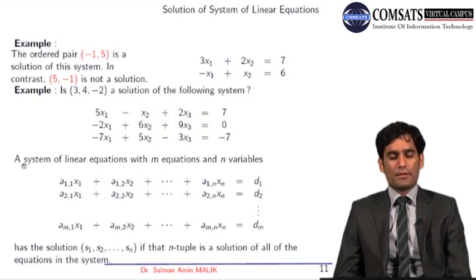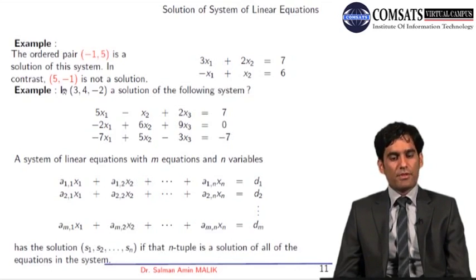Now we are going to define the solution set of a system of linear equations for a general system. A system of linear equations with m equations and n variables, which we have already discussed, has the solution S1, S2, up to Sn if that n-tuple, which we call an n-tuple because it has n different real numbers, is a solution of all the equations in the system.